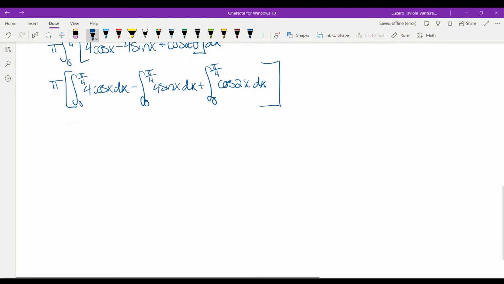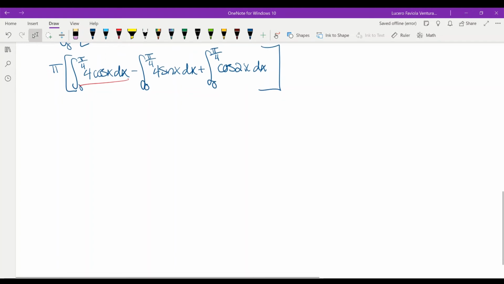So first I'm going to integrate this in red so we can differentiate it. And it's the integral from 0 to pi over 4, 4 cosine x dx. We'll take out the 4 because it's a constant. And then we're left with cosine of x dx.